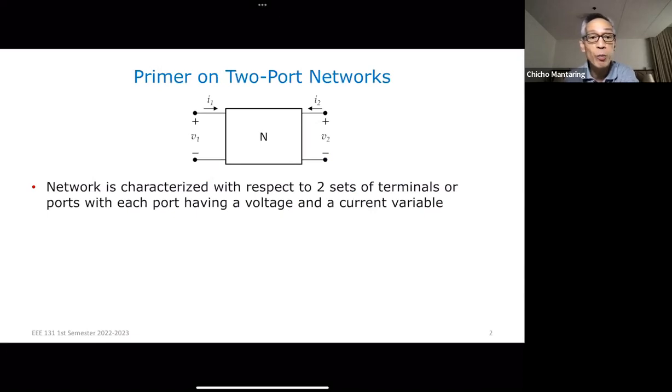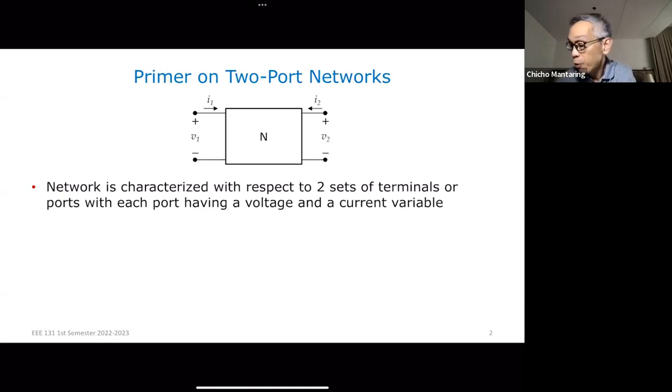What is a two-port network? Let's say I have a network here, N, and this can be a very complicated network. This can consist of a number of elements inside this particular network. If this network can be characterized with respect to two sets of terminals, or what we call ports, with each port having a voltage and a current variable.